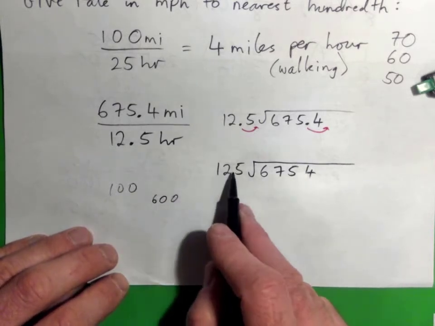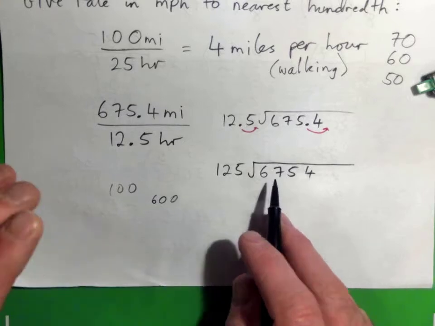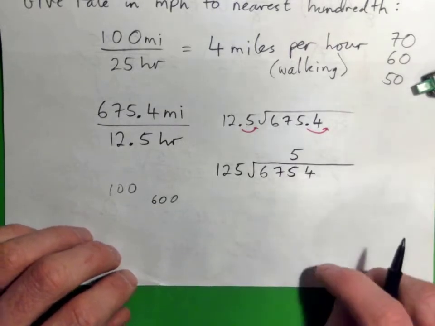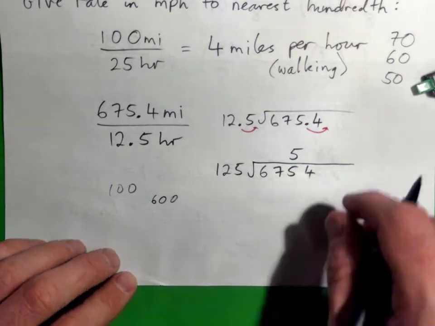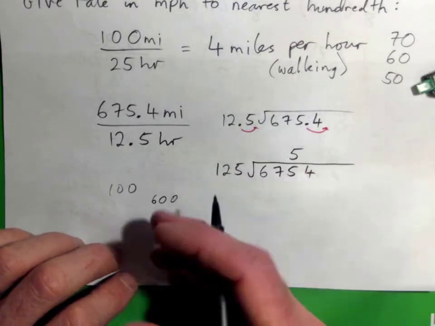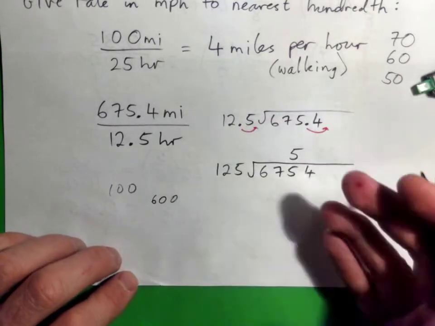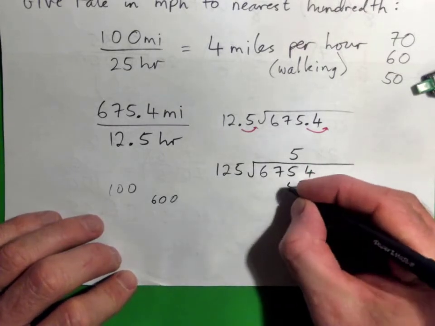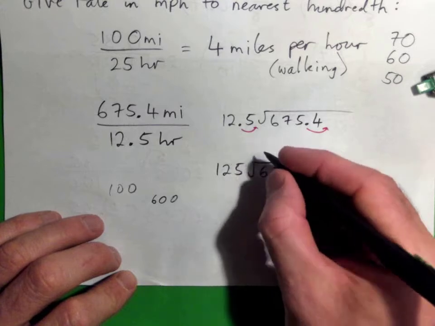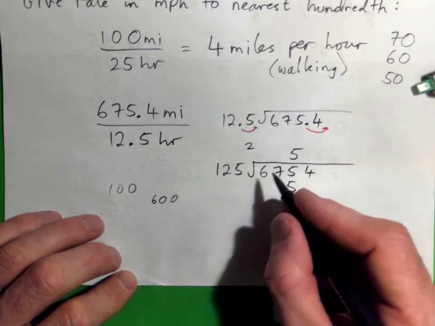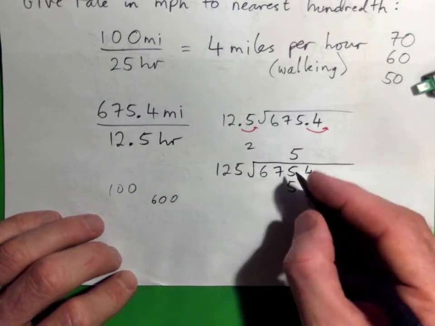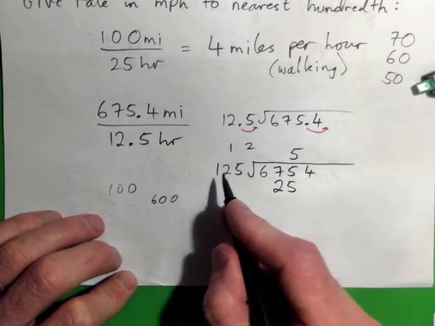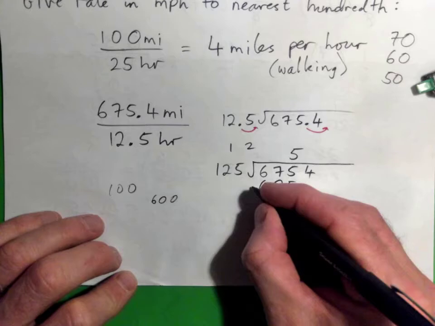But this is 125. That's 675. I'm going to guess 5. If you guess 6, that's fine, but you're going to be a little over. So 5 times 5, 25, carry 2. 5 times 2, 10, and 2 is 12, carry 1. 5 times 1 is 5, and 1 is 6.